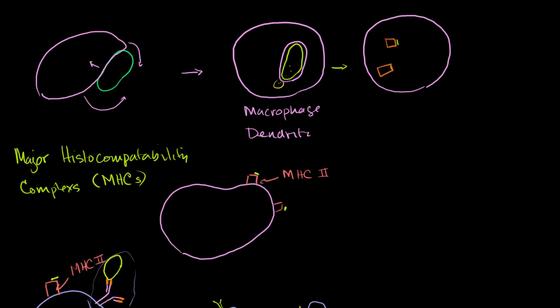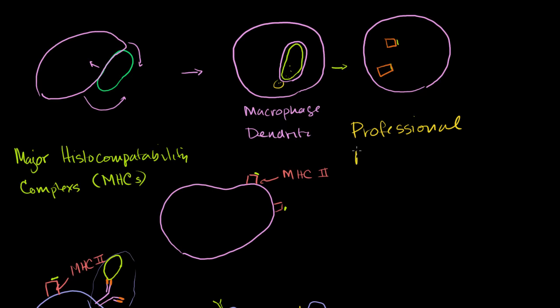Cells that do this are called professional antigen presenting cells. Professional, this is what they do for a living, although they do other things, as we've seen. The phagocytes eat things. The B cells generate antibodies or memories so that they can later be activated to generate antibodies.